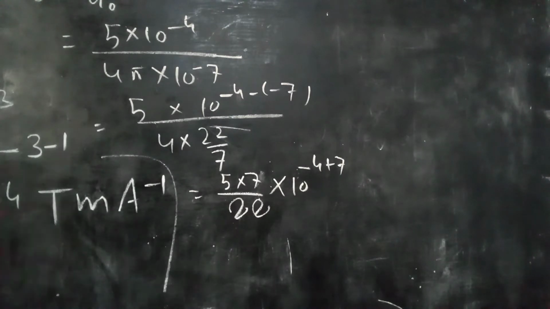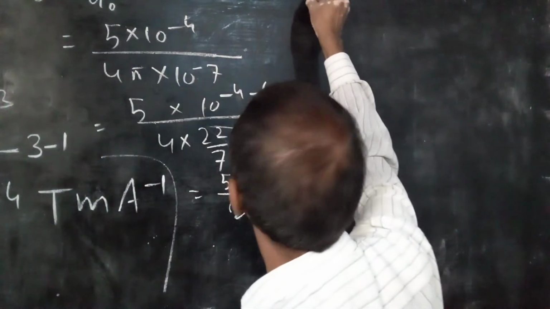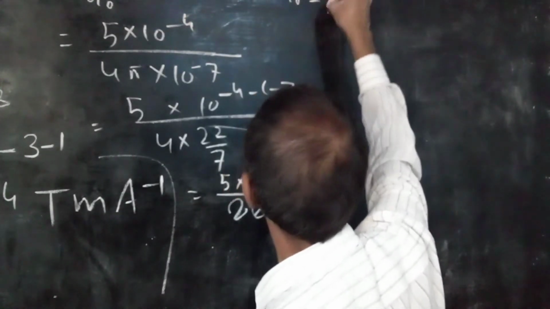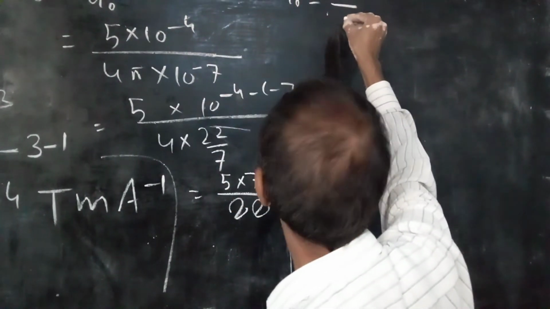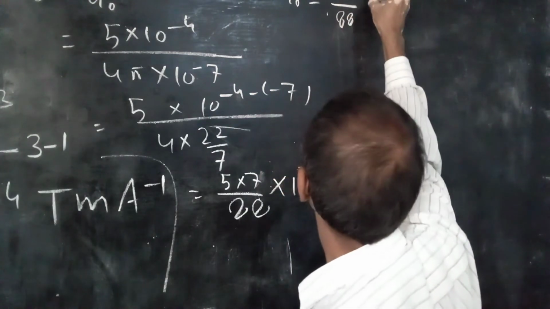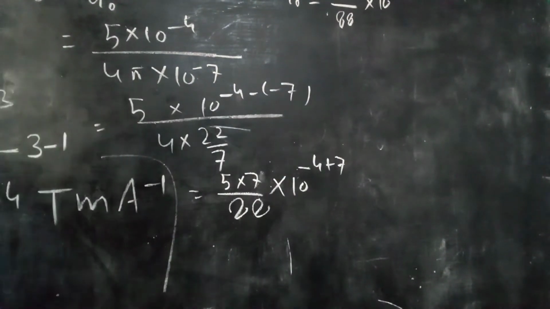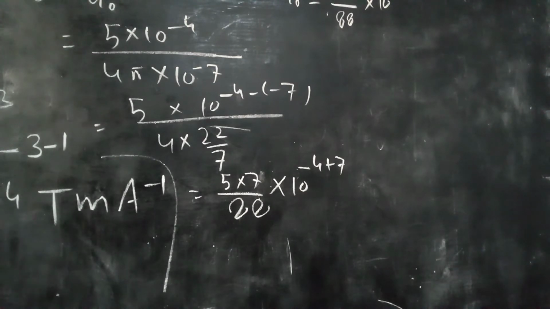Simplify this. Mu r is equal to 35 upon 88 into 10^(-4+7), that is 10^3.